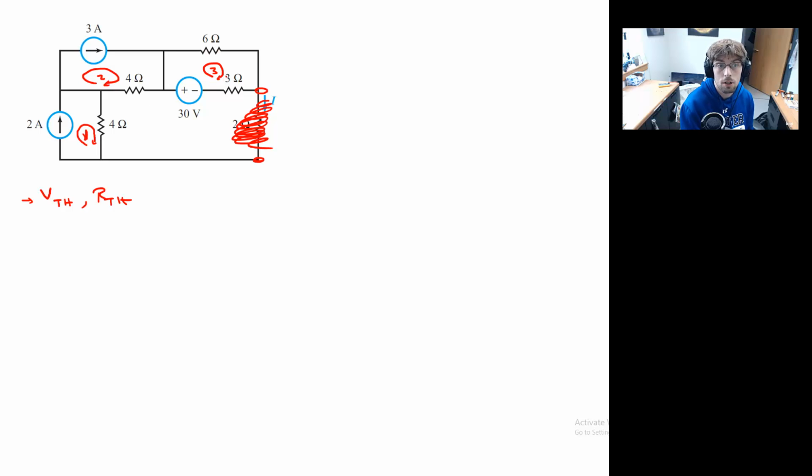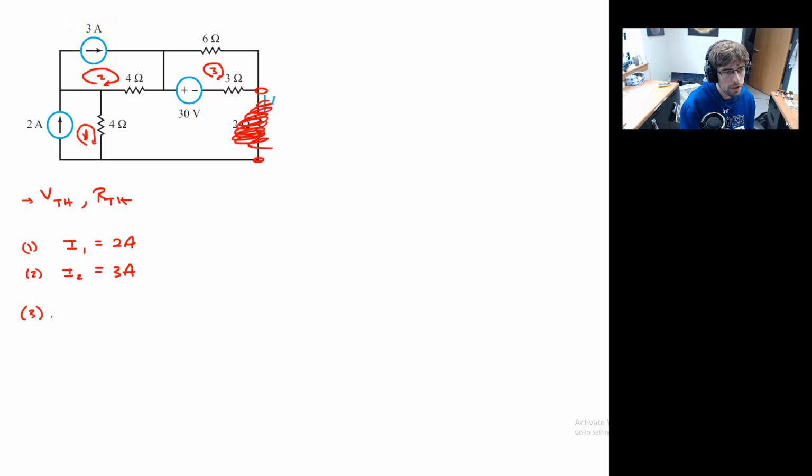Once I know the currents, I can find the potential difference. So let's look at current 1. Mesh current 1 better be equal to 2 amps, and that's due to this independent supply. Mesh current 2 is going to be 3 amps.